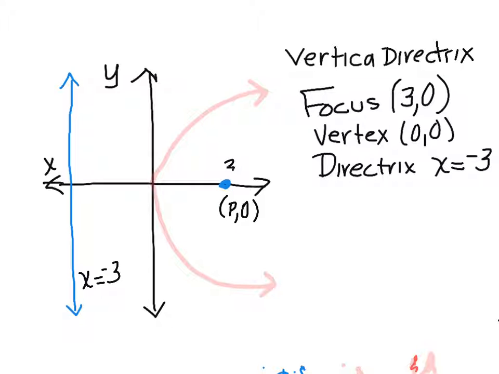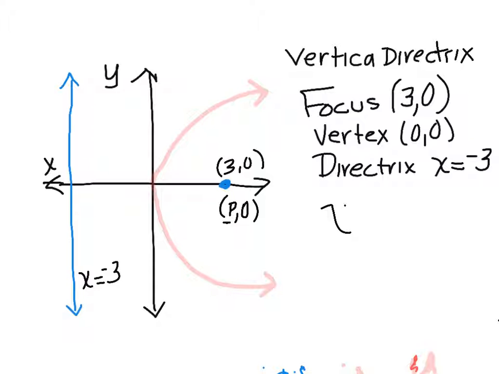This is at 3, 0. Sorry, I put the p, 0 in there to show you that the p has moved in the coordinate pairs because you are looking at a graph that has a vertical directrix, so the graph is on right or left-sided opening.